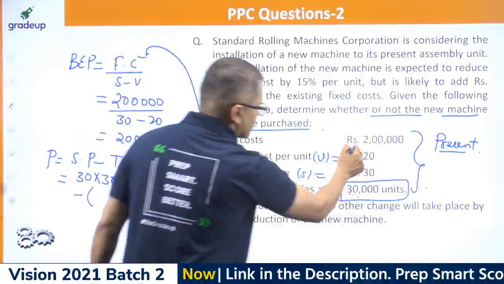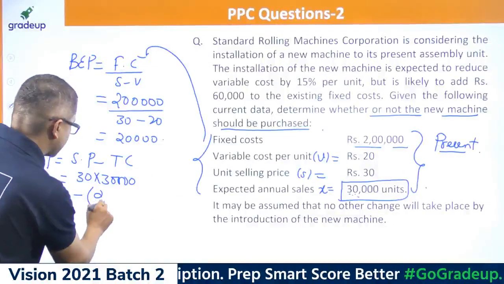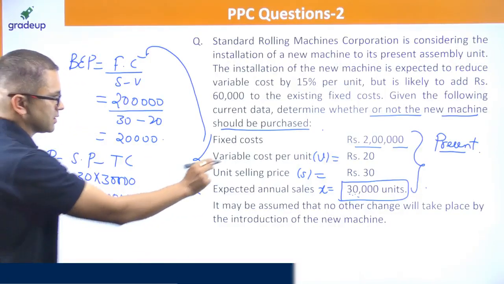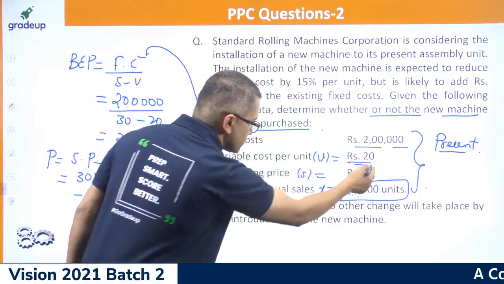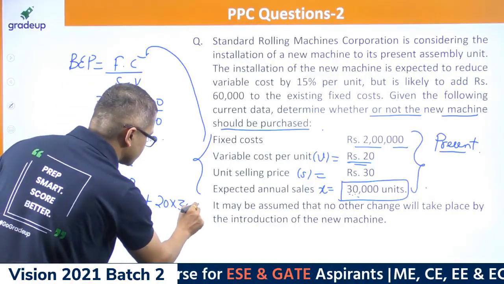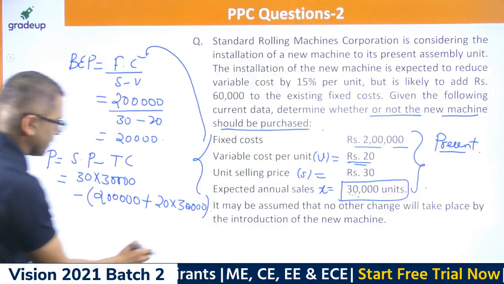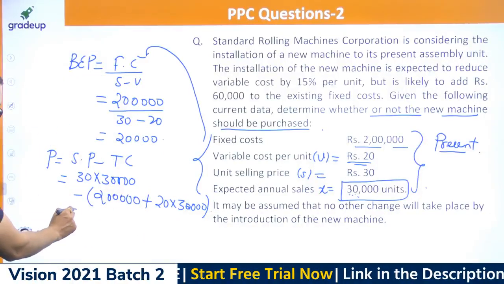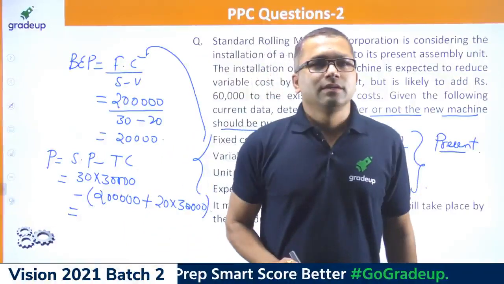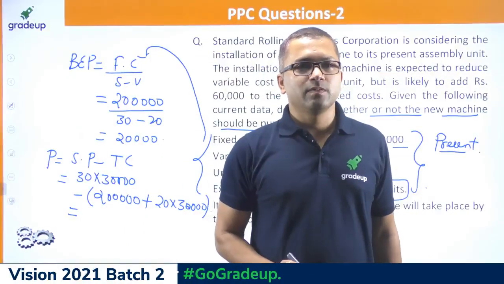Fixed cost is this one, that is 2 lakh 60 thousand plus variable cost is 20 per unit, so 20 into 30,000. So can you please calculate this? Yeah. So profit is nothing but 1 lakh.